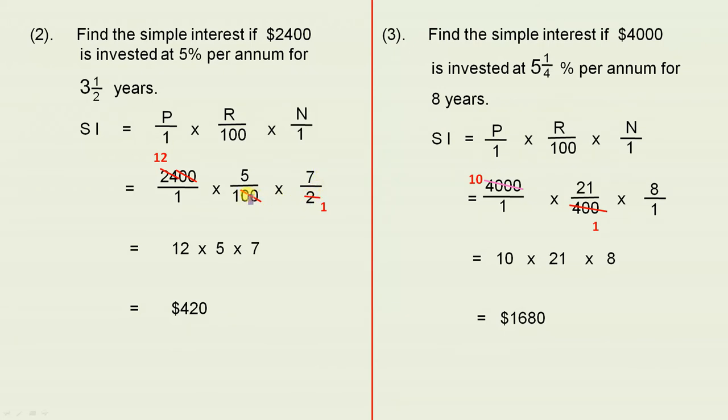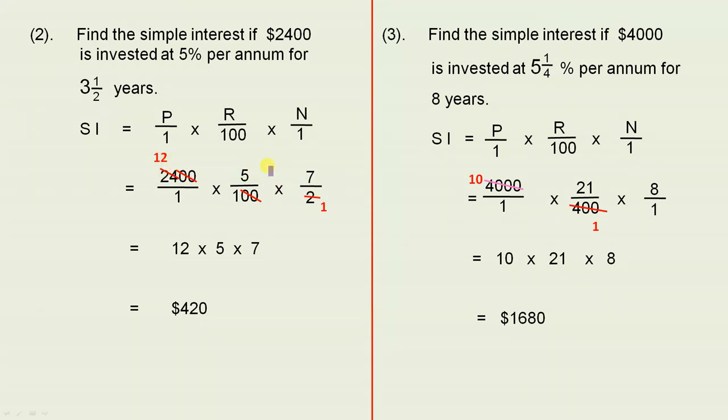So when you do your normal cancelling, you can cancel in all different ways here, but I've chosen to do it this way. I've divided 100 into that to give us, so you cross off there, that gives you 24, and then 2 into 2 goes once, and 2 into 24 goes 12.